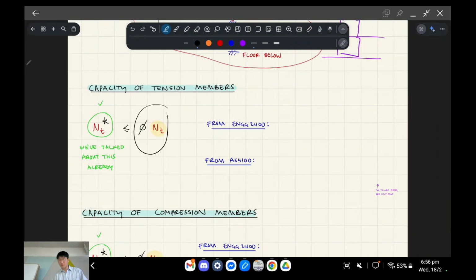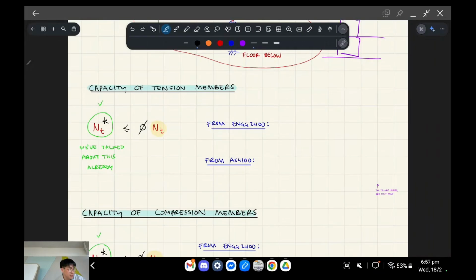Now the right-hand side, and this is where this course is uniquely steel. This is where it's different from when you're talking about concrete or timber structures. This right-hand side will vary from material to material, and from standards across the world.